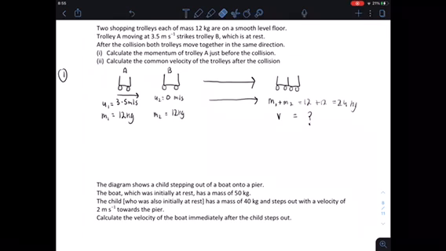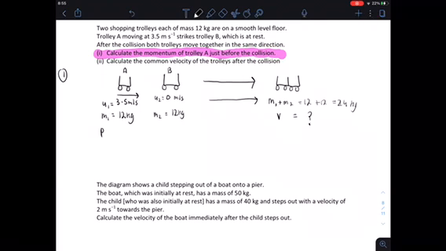Underneath each trolley, I write down what the initial mass is, what the initial velocity is of both systems. And after the collision, I write down what the mass of my system is and what my velocity is. I can see that after the collision, because the two trolleys move off together, the total mass is m1 plus m2, which is 12 plus 12, which is 24 kg. Okay, now I have my diagram.